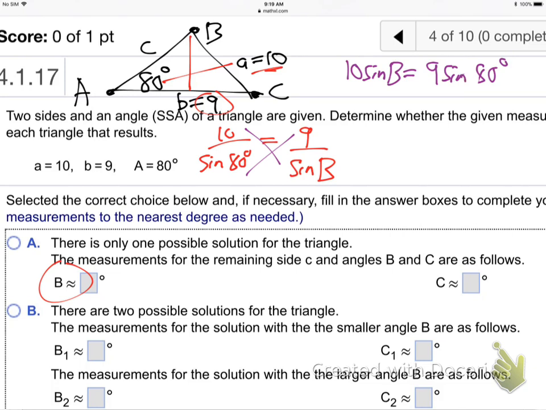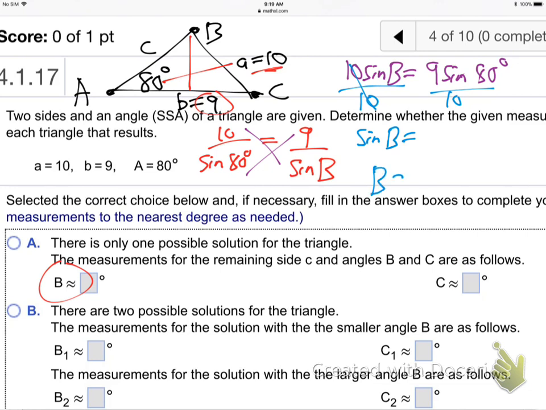And then how do we finish solving for B? Divide by the 10. So we get sine of B is, somebody have that in their calculator? I should have brought my calculator today. Here, go ahead. I got 0.886.